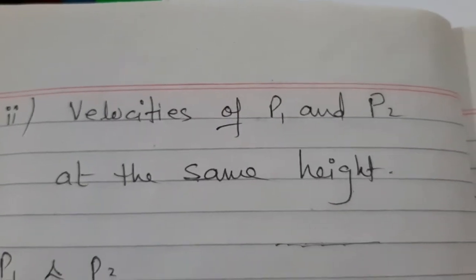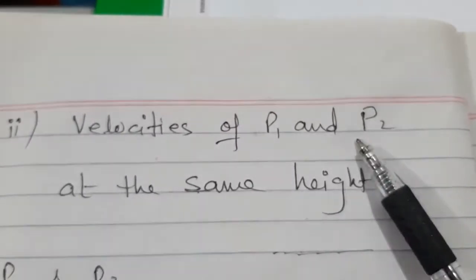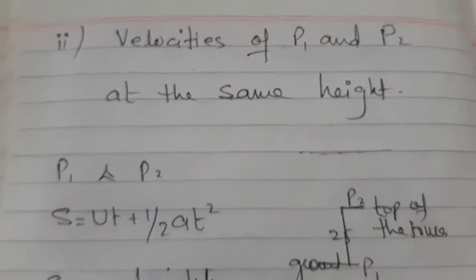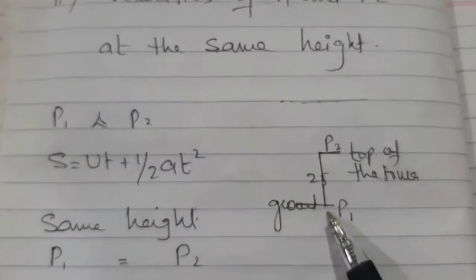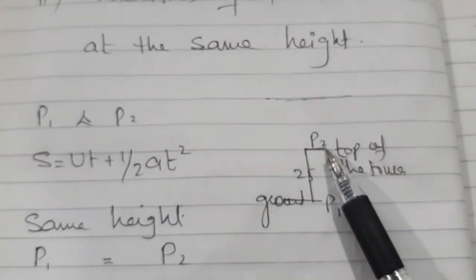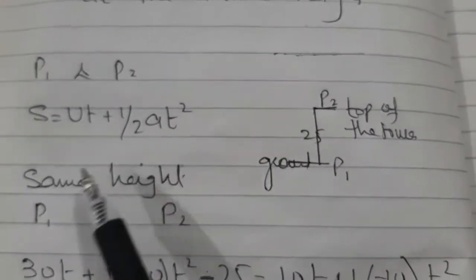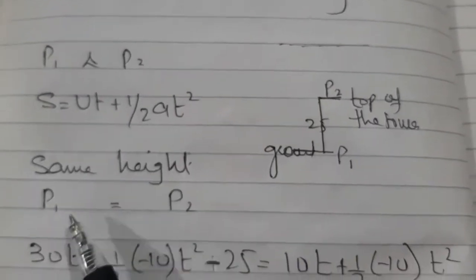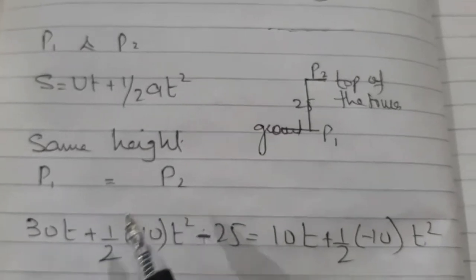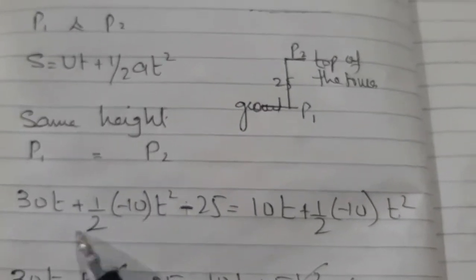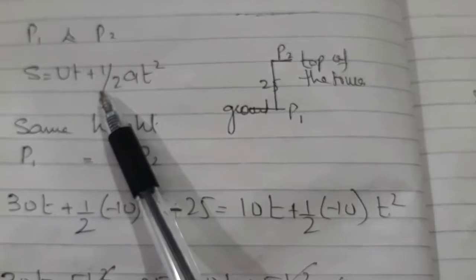So the question is asking for the velocities of particles P1 and P2 when they are at the same height. P1 was on the ground, P2 was on top of the tower. So this is the distance equation. Since the question says same height, P1 equals P2, and we just substitute the values in this equation for here and here.